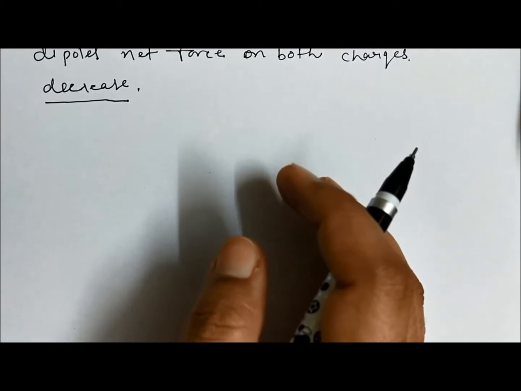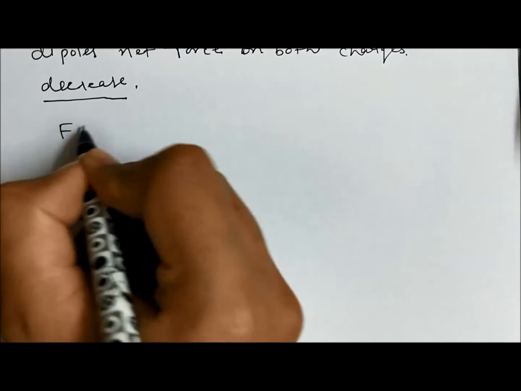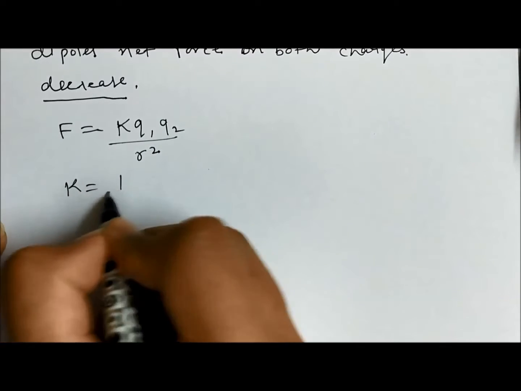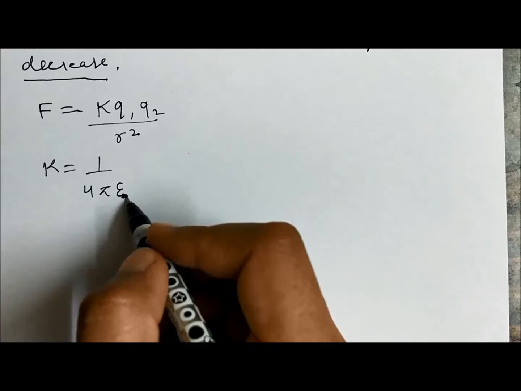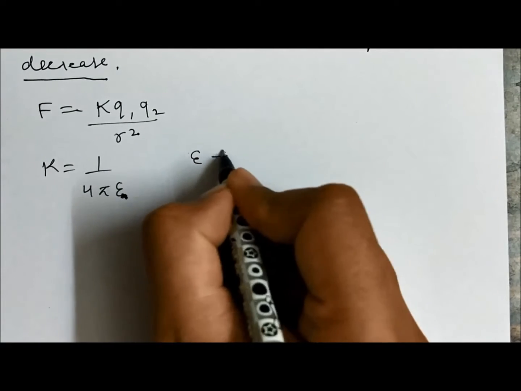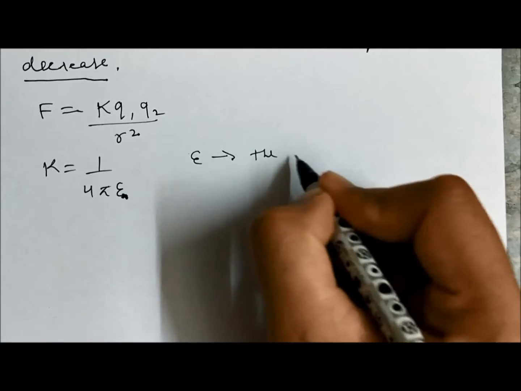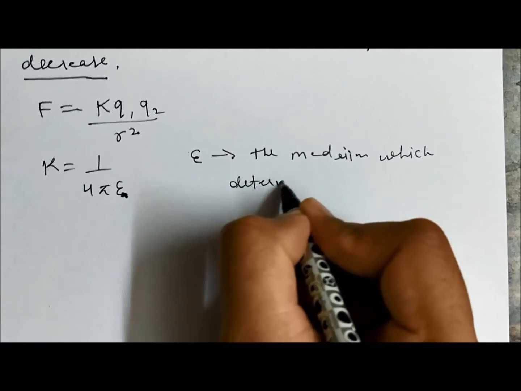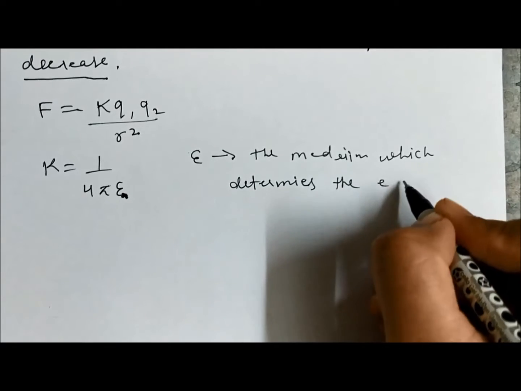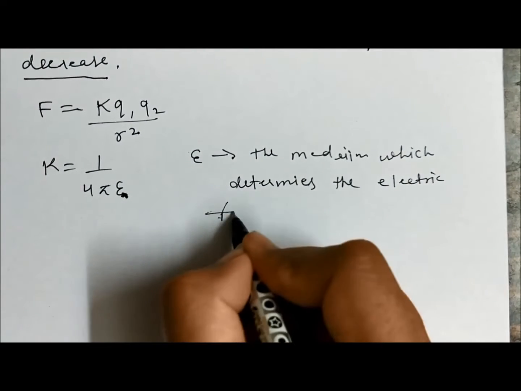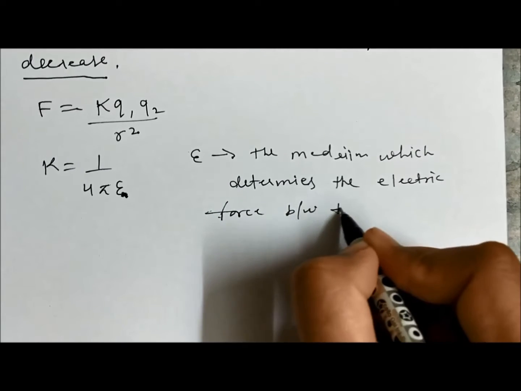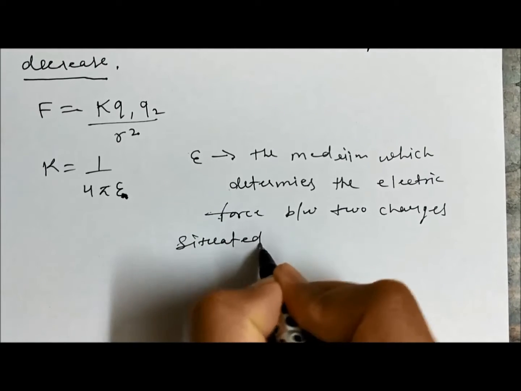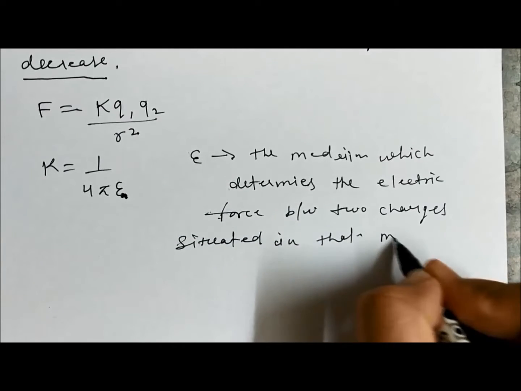Okay, as we know that in free space force will be F equal to K Q1 Q2 upon R square, where K is 1 upon 4 pi epsilon, where this epsilon is the property of the medium which determines the electric force between two charges situated in that medium.